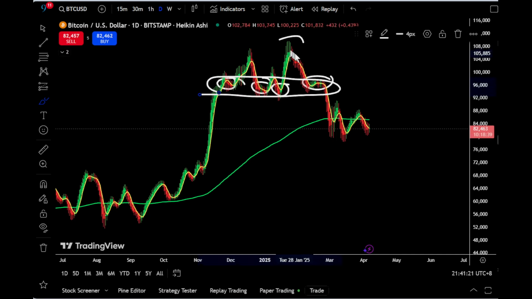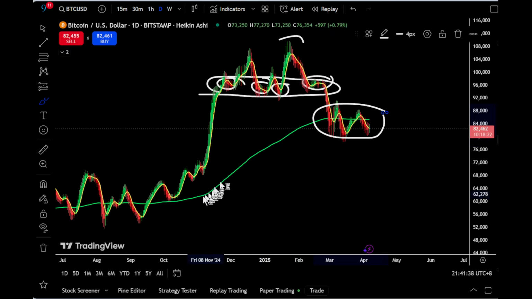When this consolidation zone was broken, it significantly reached all the way to the 200 EMA, and is trying to consolidate again here, just like what happened up here. When the price goes all the way up, then it flattens. When it's flattened, the probability of it continuing up is pretty high actually.